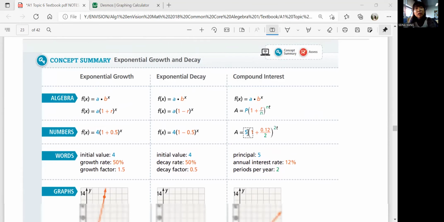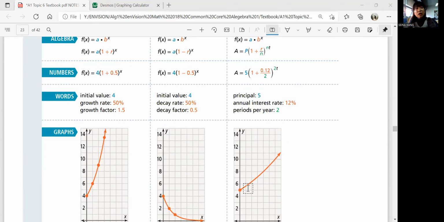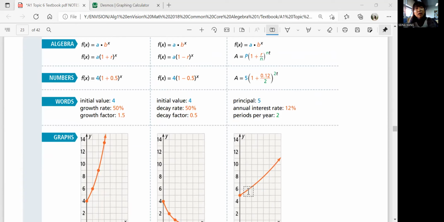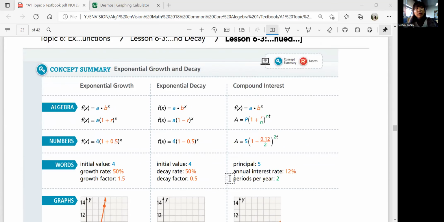And the compound interest function starts with an initial value and compounds the interest every time. So the periods per year is very important. Principal is the initial value. The annual interest rate is the rate. Please keep in mind that these equations are very important.